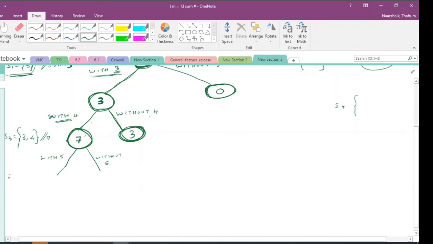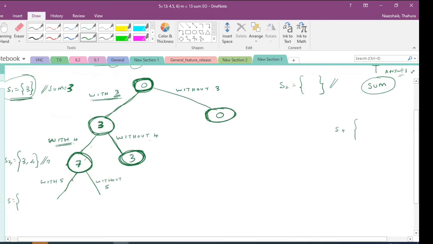If I do with 5, how will my subset look like? What and all will be there in the subset? Look at the tree, how you came here. You came here, you came here, you came here. So what does the subset have? 3 is correct.